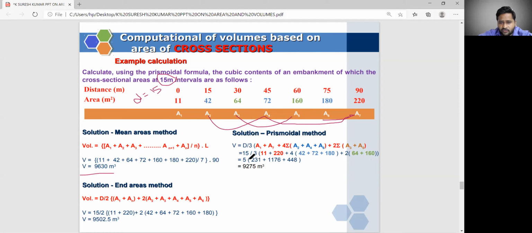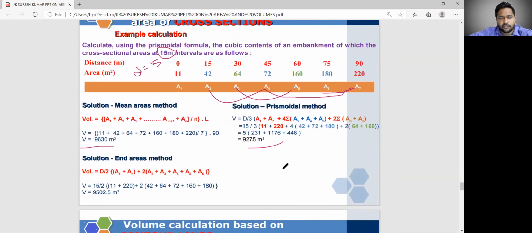Altogether, 15 by 3 is 5. Adding 11 and 220 is 231. Adding 42, 72, 180 into 4 gives 1176. 2 into 64 plus 160 gives 448. Altogether this gives 9275 meter cube. If you verify all these formulas, there is a little bit of variation.